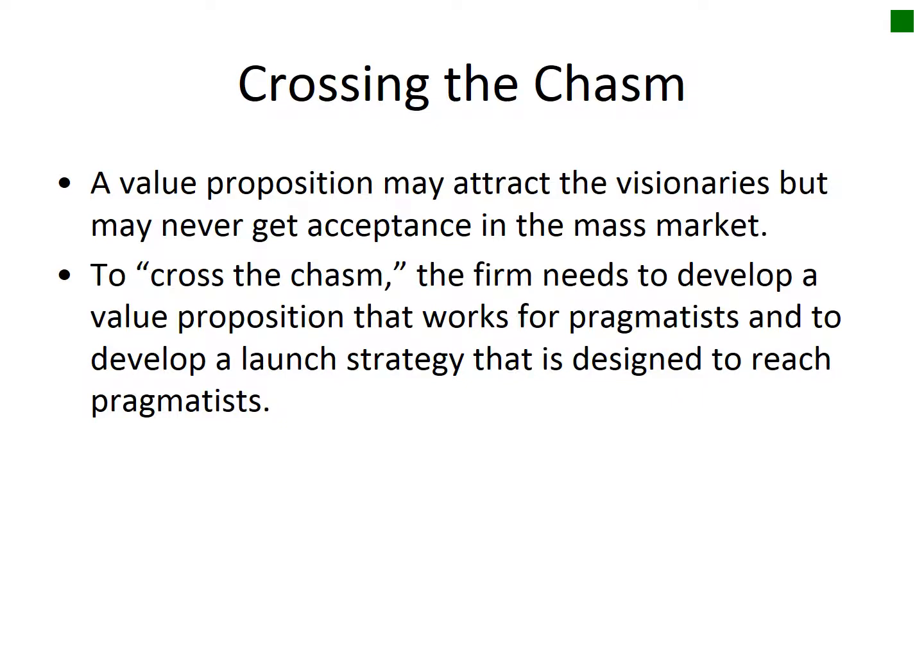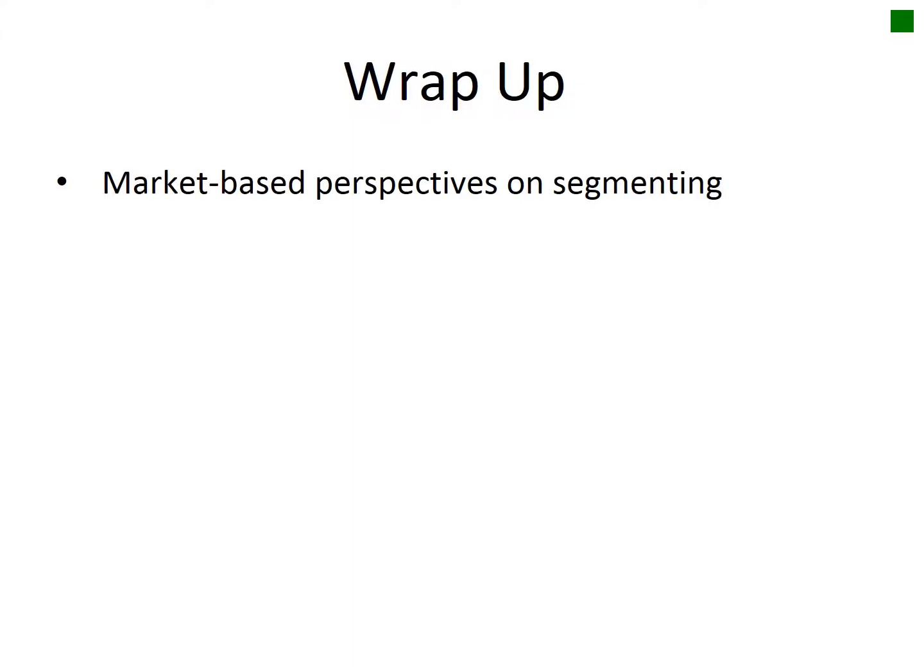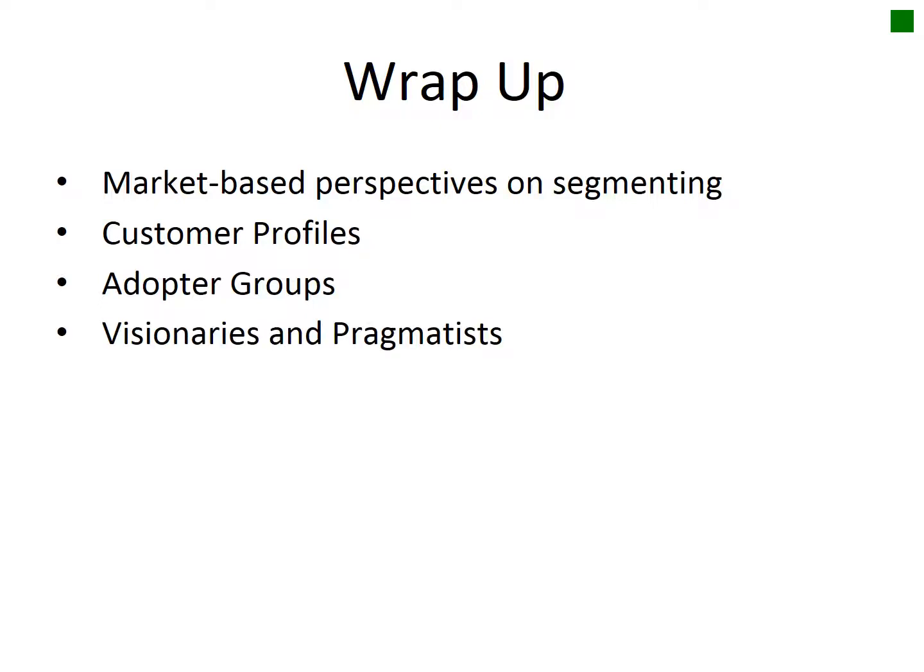So in this little segment, we talked about different segmenting thoughts, in particular customer profiles, and also the five adopter groups that we see across the product life cycle time period. And finally, we talked about crossing the chasm, and in particular visionaries and pragmatists.